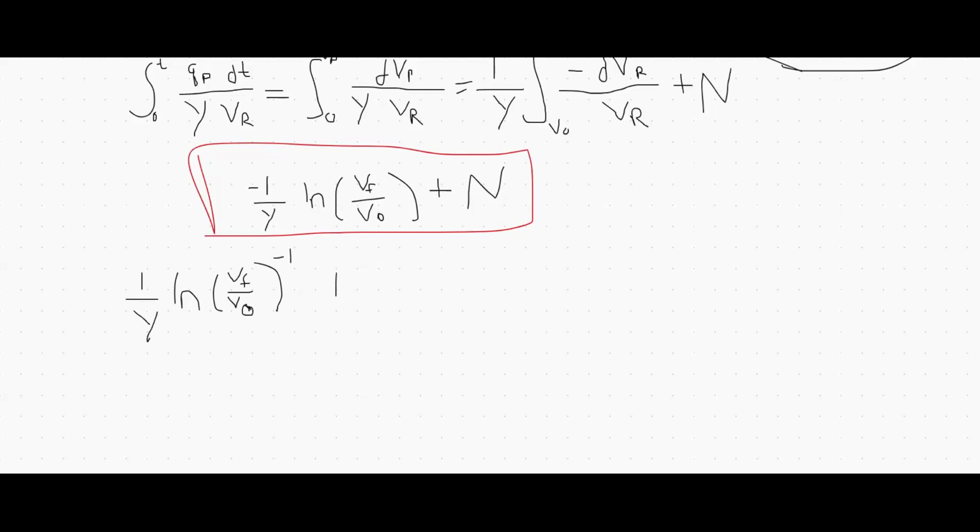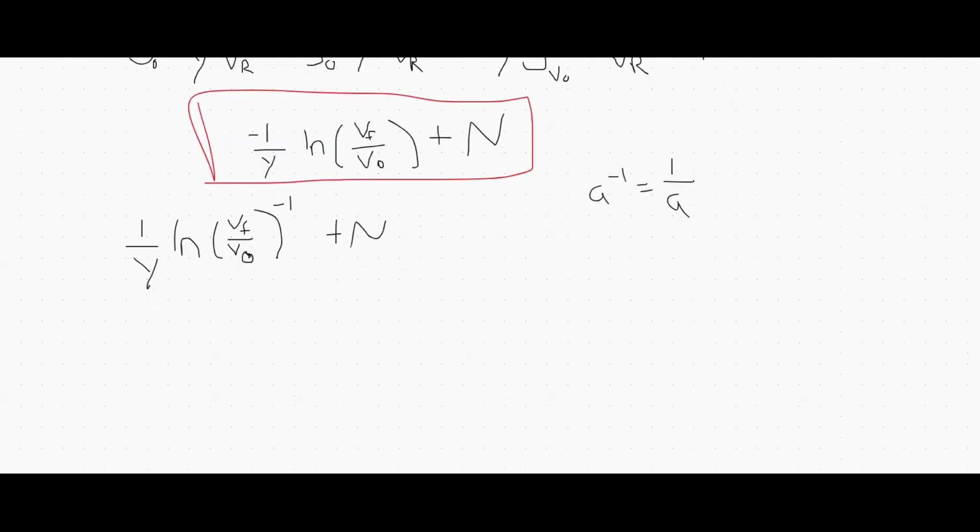Negative 1 plus n. And then, because this is a negative 1, we've gone over this before. This is the property of that. So we can pretty much take the reciprocal of this VF over V naught. And remember, the concentration factor, we've seen this before, is equal to V naught over VF.